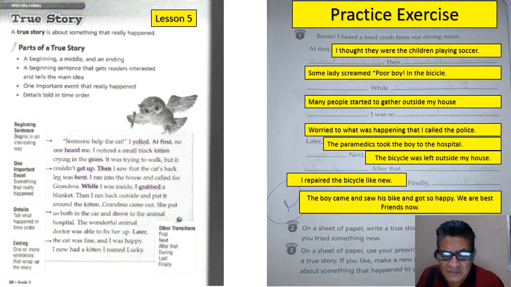Finally, the boy came and saw his bike and got so happy. We are best friends now. So as you can see, these words here, then, while, I was so, later, next, after that, finally, these are transition words, see, that help our story be placed in order so that people can understand it clearly.